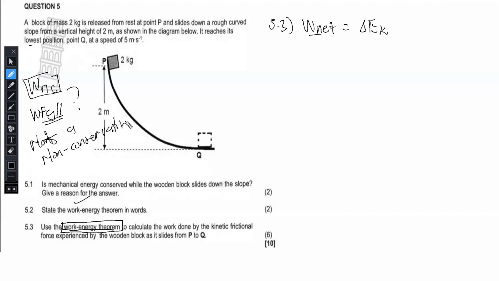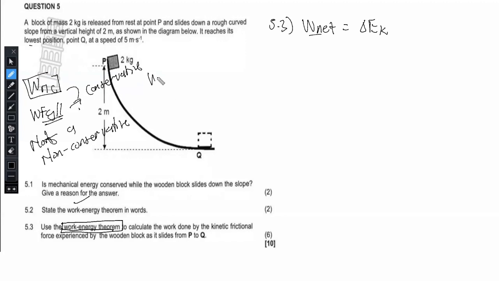Remember, FG parallel is a component of weight, and weight or gravitational force is not a non-conservative force, but rather a conservative force, right? So whenever we use the WNC formula, do not substitute the work done by FG parallel because it is not a non-conservative force, right?